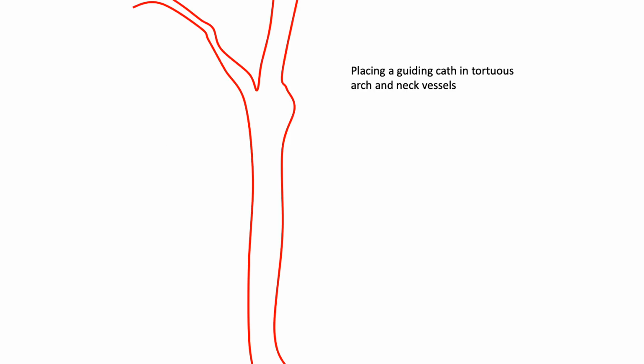Now, when you want to enter into the internal carotid artery through the Sim1, take an angled exchange Terumo wire into the external carotid artery. Obviously, it means that you would have created a roadmap.